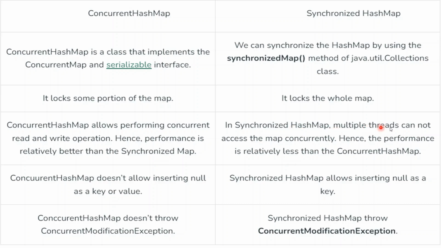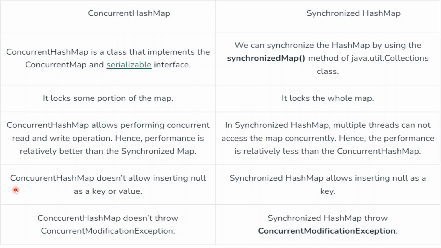Multiple threads cannot access the map concurrently, hence the performance is relatively less than ConcurrentHashMap, because only one thread can access and only one action can be performed at a time.